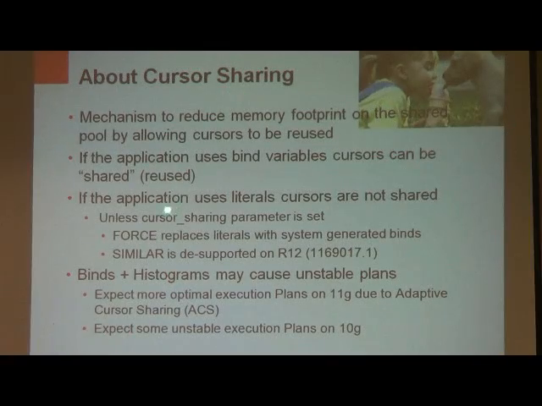So when we are forcing cursor sharing and we are on 11G, we will see multiple execution plans for the same SQL because adaptive cursor sharing can handle that. But if we are on 10G, we end up having unstable plans. Is that clear? Whenever we're forcing cursor sharing, in 11G we're fine, in 10G we will have unstable execution plans, or plans that are changing over time.